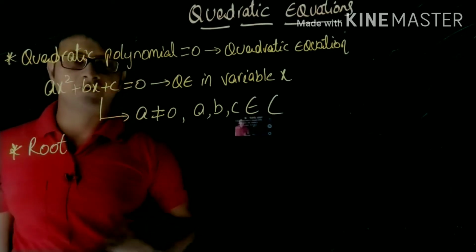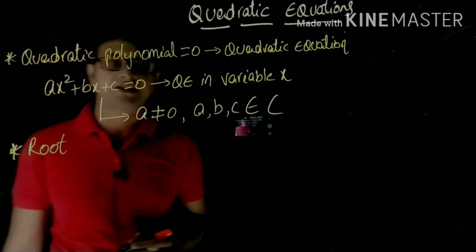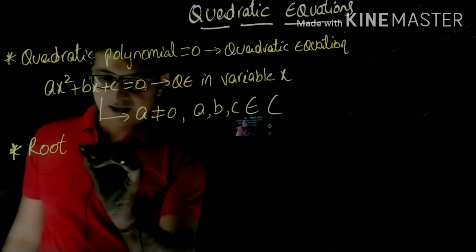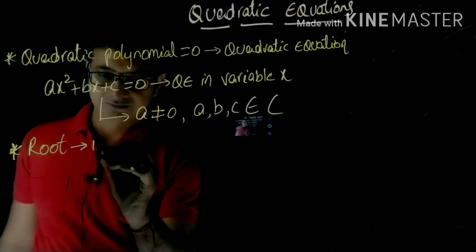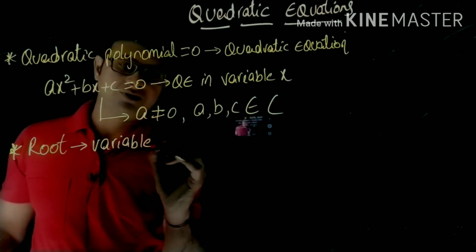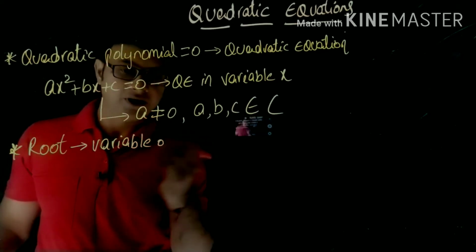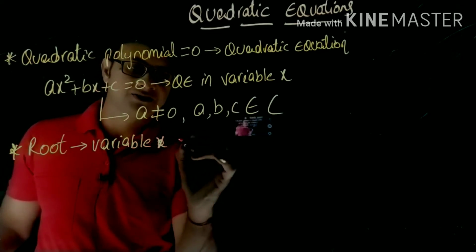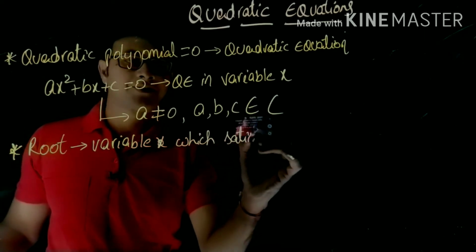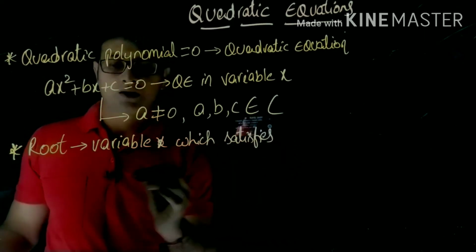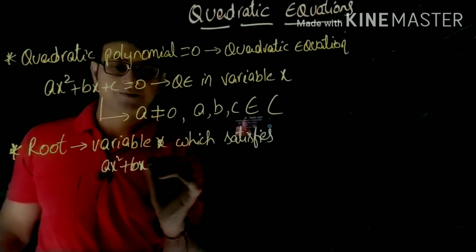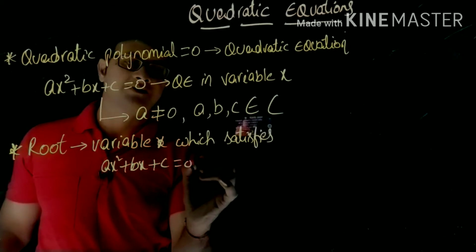Officially, mathematically, we will call the value of the variable x which satisfies the equation a root. A root is nothing but the variable x which satisfies ax squared plus bx plus c is equal to 0.